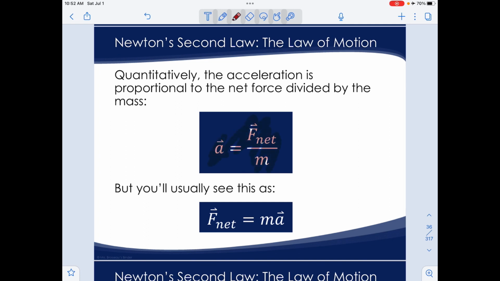But you'll usually see this equation rewritten. If we multiply both sides by the mass, you get F equals ma, where F is the net force, m is the mass, and a is the acceleration. Now take note that force and acceleration are both vectors, but the mass is a scalar quantity.